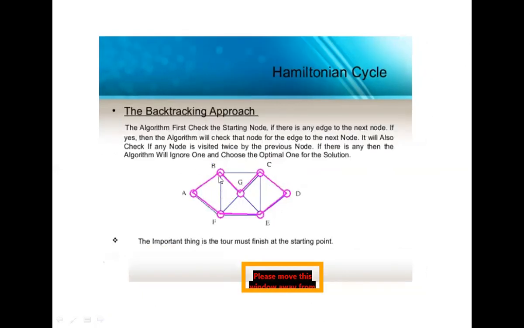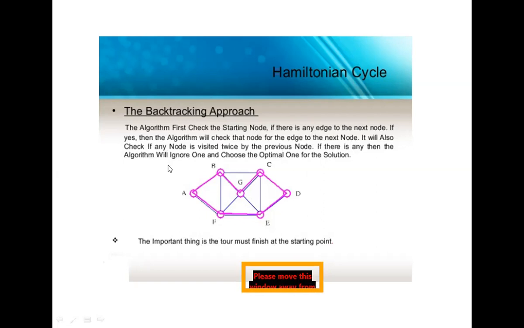So this is the graph. I already told you: check the starting node. If there is an edge to the next node, the algorithm will check that node for an edge to the next node. It also checks if the node is visited twice by the previous node.